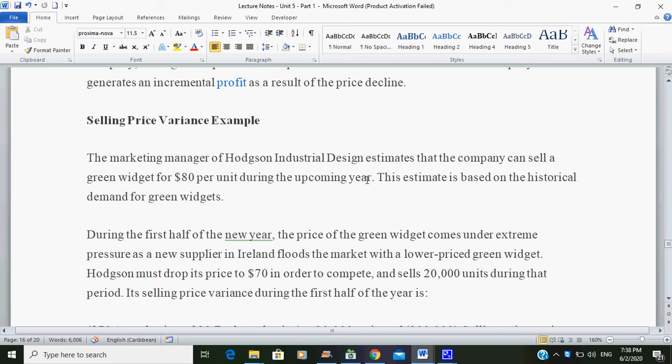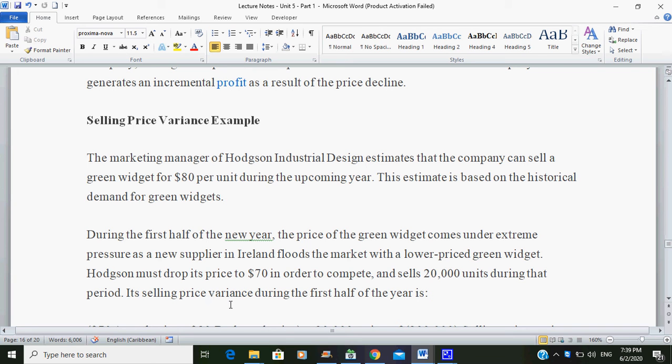My budgeted is bigger than the actual, right? Times actual unit sales. Alright, so look at it now. Should have been 70 minus 80, which will give you negative $10. You multiply $10 by 20,000, you get 200,000. It would have been a negative 200,000 selling price variance. Alright.